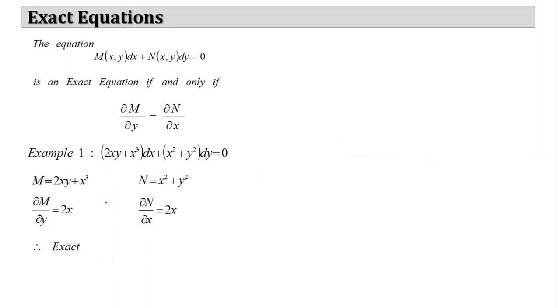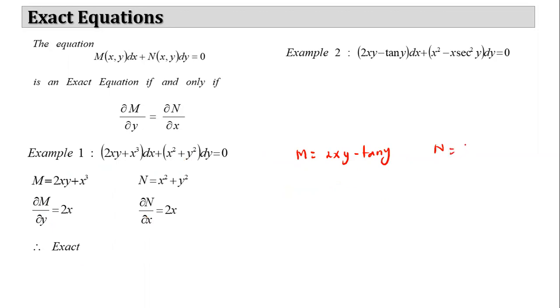Okay, example number 2, say we have (2xy - tan y) dx + (x^2 - x sec^2 y) dy = 0. Again, we can write M equals 2xy - tan y, and N is equal to x^2 - x sec^2 y.